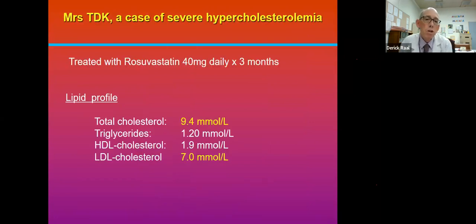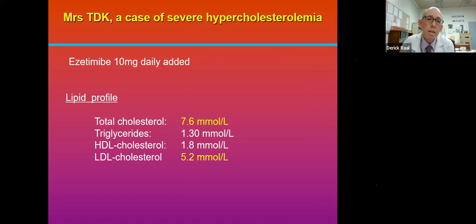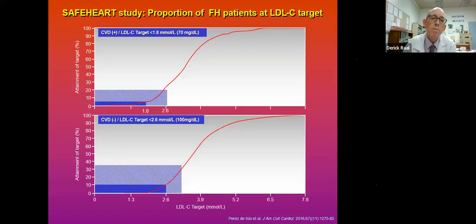Our patient was started on 40 milligrams of rosuvastatin, the top dose. You can see there was a reduction in her cholesterol, but it remains markedly elevated. We added ezetimibe, 10 milligrams, to the rosuvastatin. She had a further reduction, but the LDL cholesterol level is still markedly elevated, greater than twice what it should be.